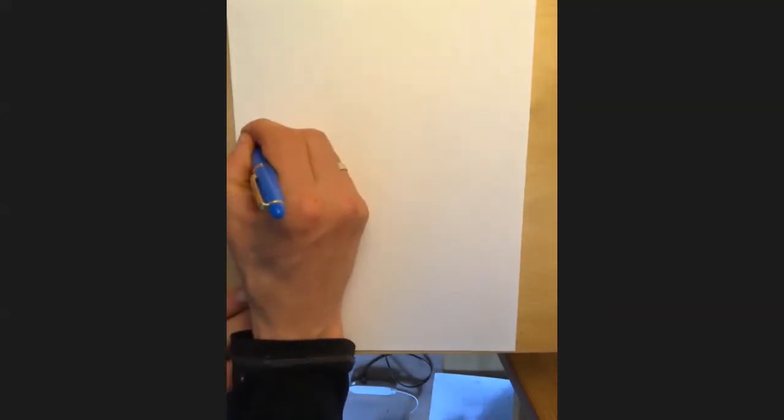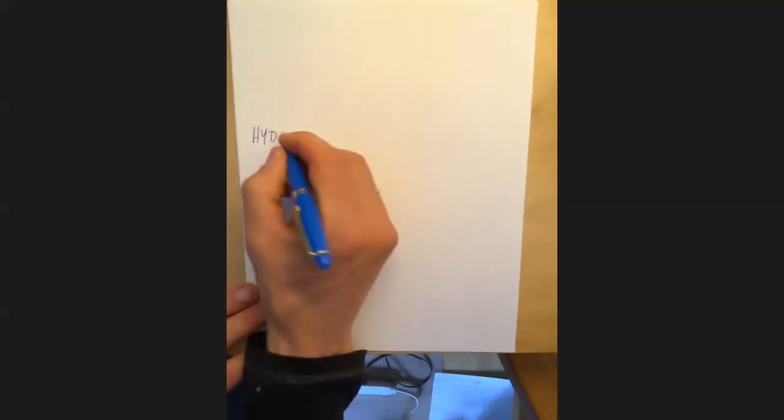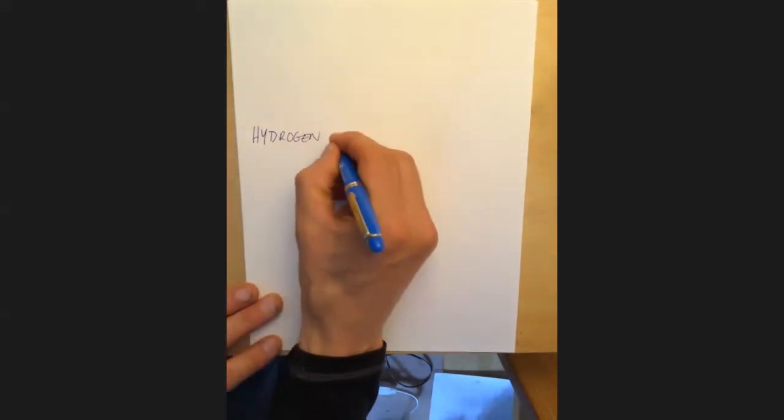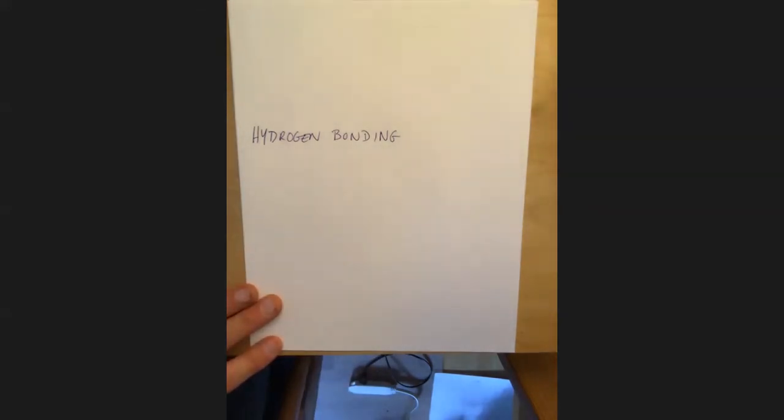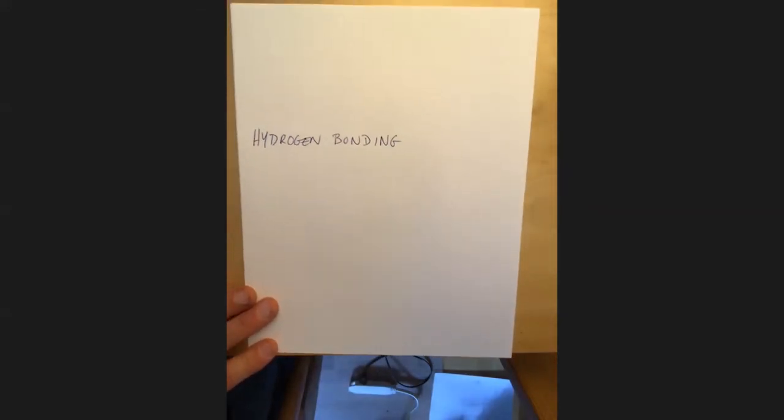Okay, so the fourth type of bonding is hydrogen bonding. It's not as strong as ionic bonding, but it is stronger than induced dipole or dipole-dipole forces.